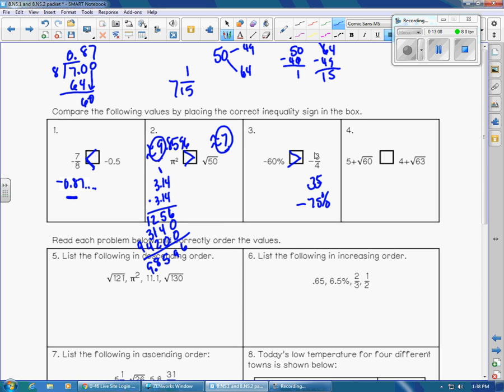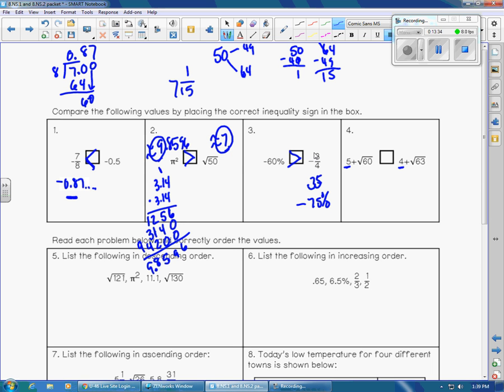Okay. The next one, I'm going to draw your attention. 5 plus the square root of 60, or 4 plus the square root of 63. We can order this just by looking at these whole numbers that are out in front. Now, 60 and 63, neither one of them are perfect squares, and they fall between the same two perfect squares.